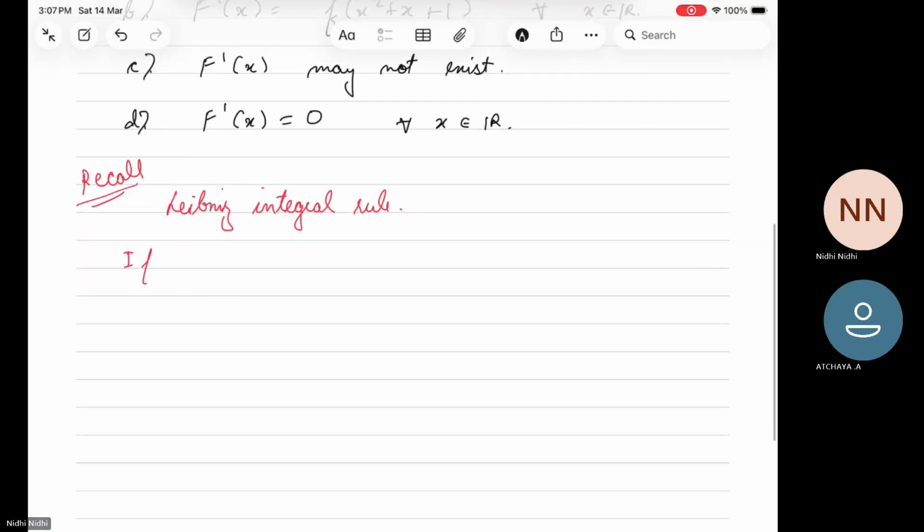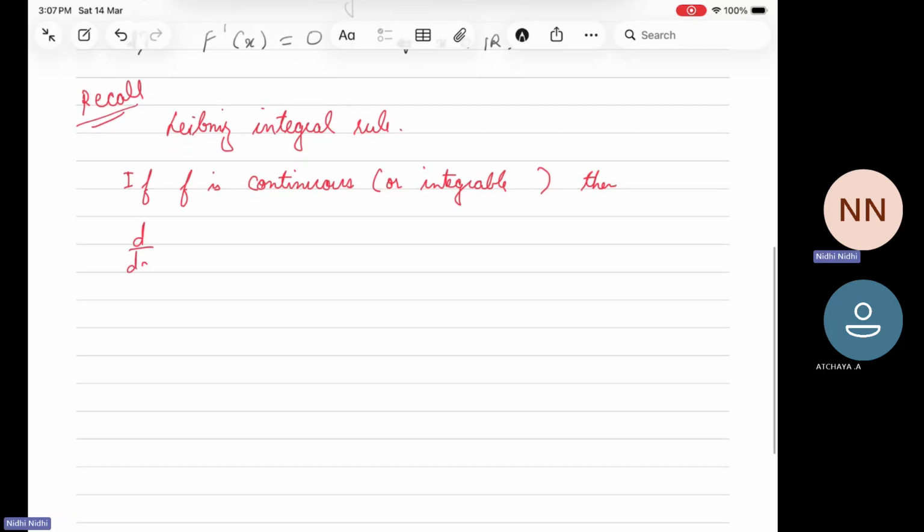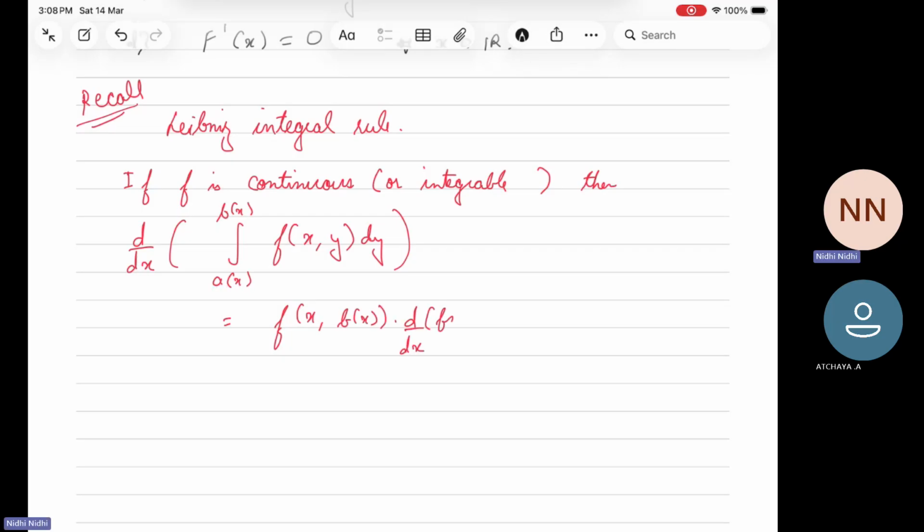So if f is continuous or at least integrable, then the derivative d by dx of this integral, which is defined from a(x) to b(x), so basically our limits are again functions of x, and we are integrating a function which depends on two variables, x and y, with another variable dy, this derivative is equal to f(x, y) with y replaced by b(x), times d by dx of b(x).